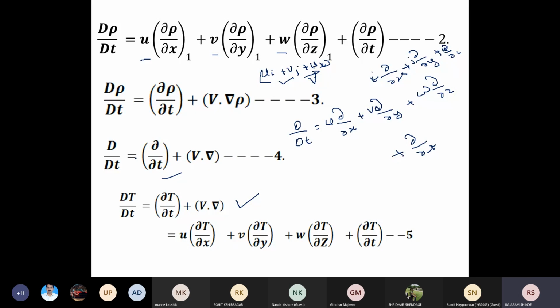Because you see here this term is a local derivative, which is the time rate of change at a fixed point. And the second term is a convective derivative. And this is the rate of change due to the movement of the fluid element.